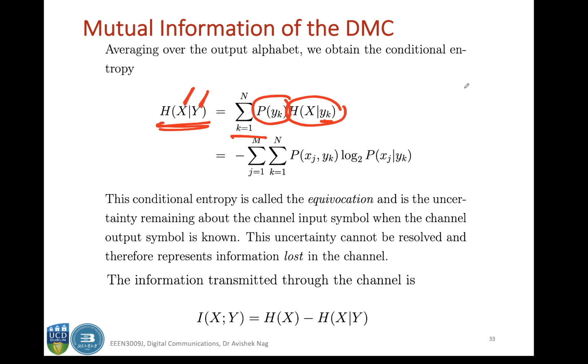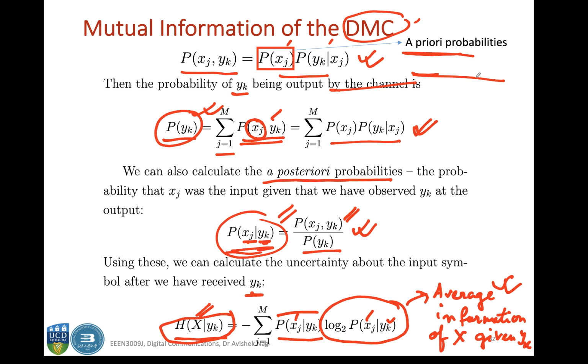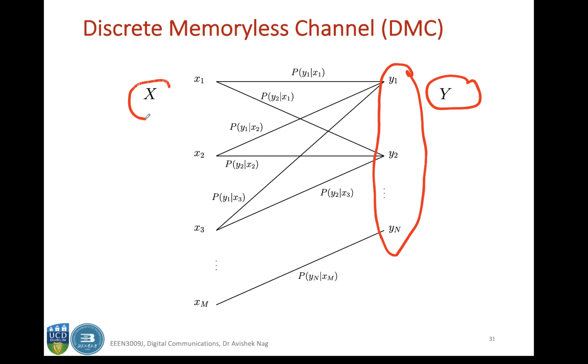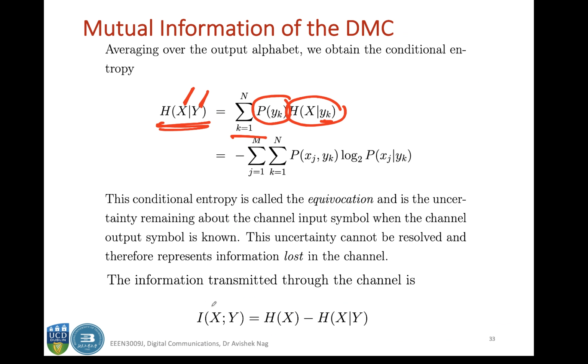So this is going back to a few slides back. If you observe all these output symbols that are part of the entire output alphabet, and based on that observation you are trying to find out what information is contained in the input alphabet X, which contains all these symbols, that term is given by H of X given Y.